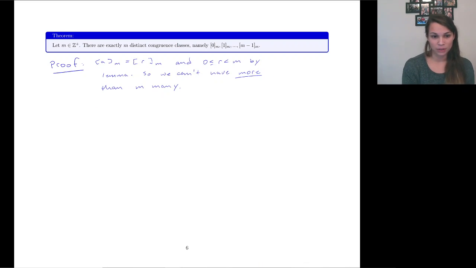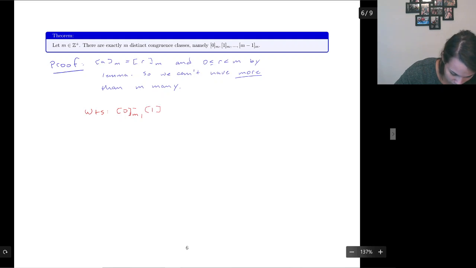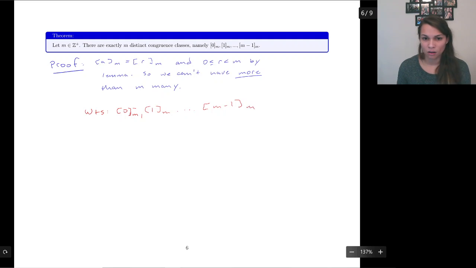Now we're going to show that we can't have less. The way we're going to do that is we want to show for the next part that 0, 1, all the way up to m minus 1, these are all different.